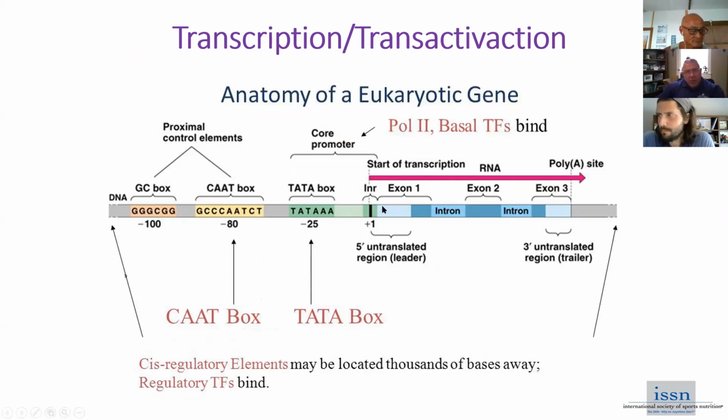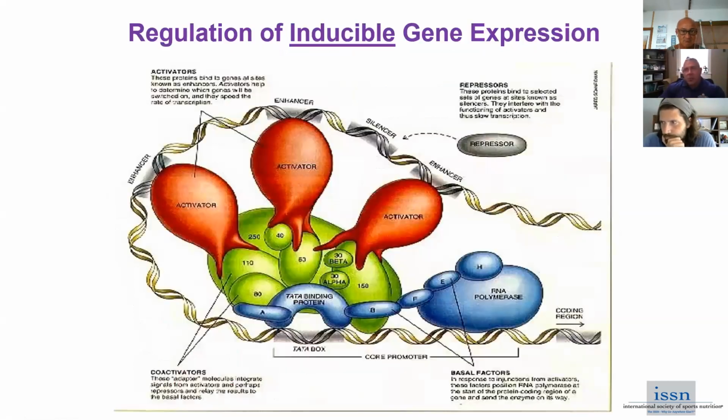Then we have the core promoter and promoter regions, where the gene is actually initially turned on. This is like the ignition switch. And then the proximal control elements and regulatory control elements, even more upstream, are like the accelerator pedal. They provide a way of upregulating and providing even more activity to that gene.